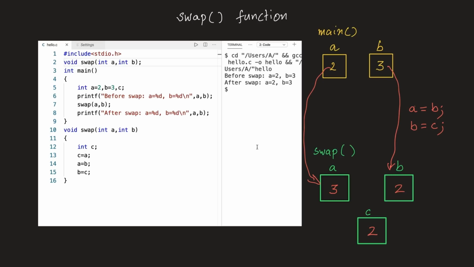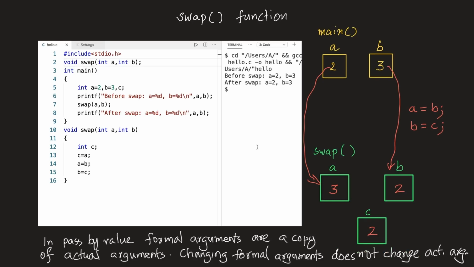Let me write that. In pass by value, formal arguments are a copy of actual arguments. Changing the formal arguments does not change actual arguments. Therefore, the swap function is not going to work in pass by value method.